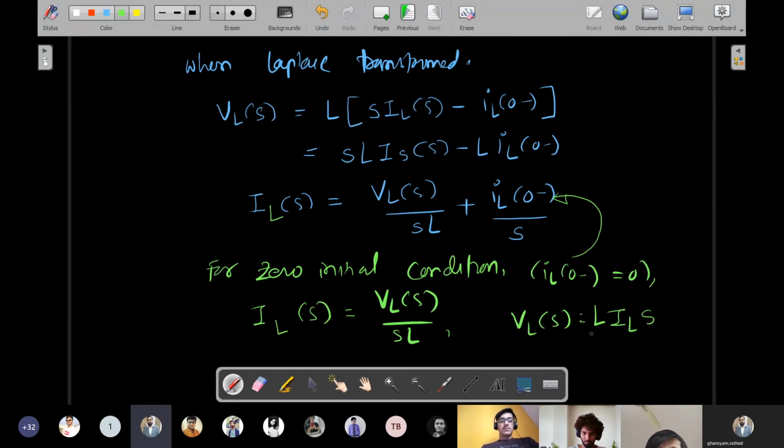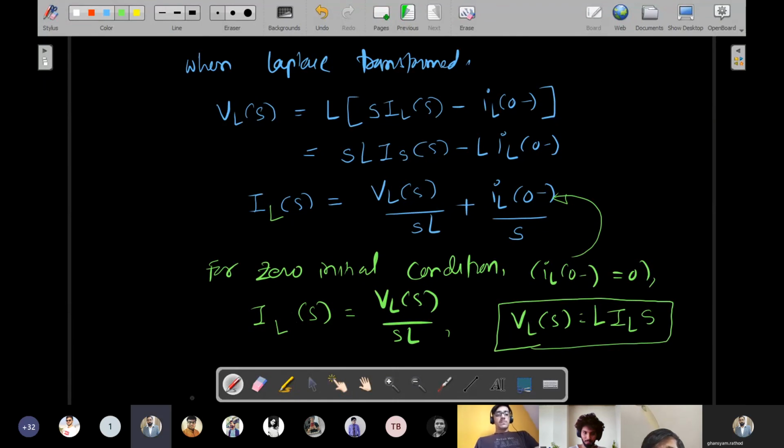Now, we already know how to write the impedance of any element. How can we write the impedance for the inductor? What will the impedance equation be? Can you tell me?